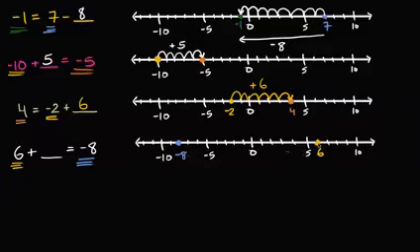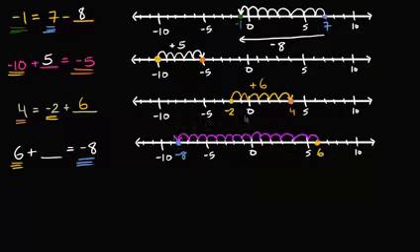So what do I have to do to get from 6 to -8? Well, it's clear I have to go to the left on the number line. And how much do I have to go to the left? Well, let's count it. I have to go 1, 2, 3, 4, 5, 6, 7, 8, 9, 10, 11, 12, 13, 14.